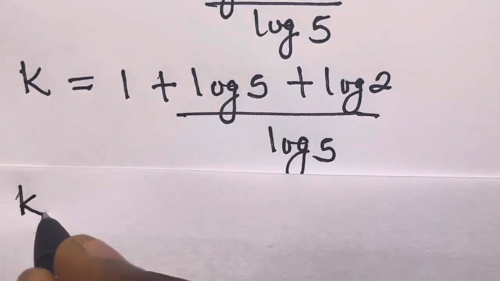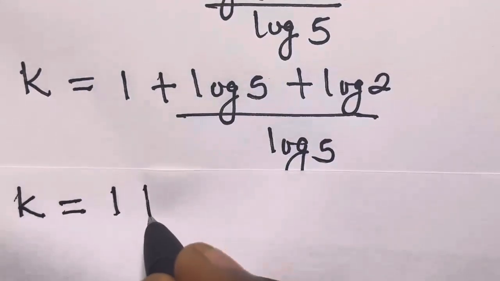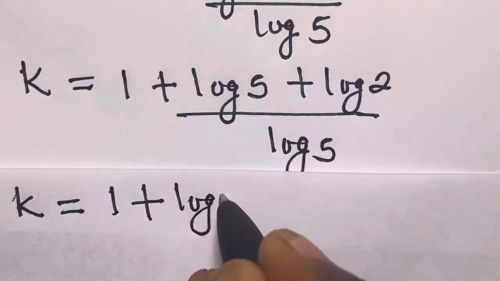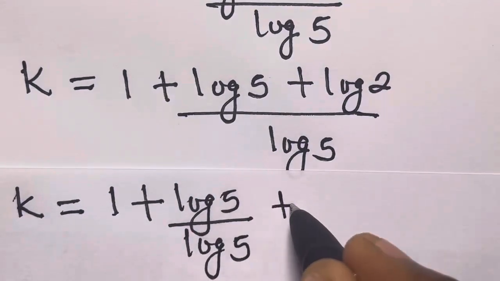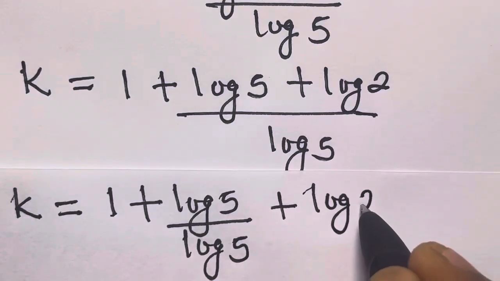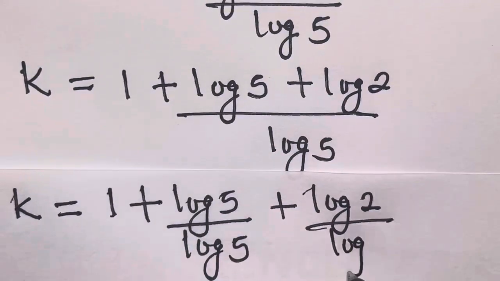And this equals 1 plus log 5 divided by log 5 plus log 2 divided by log 5.